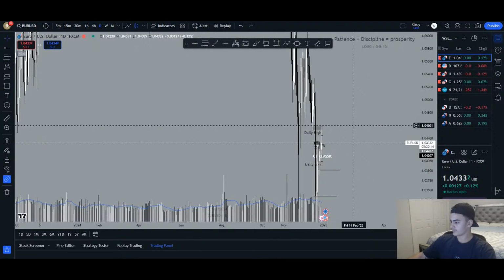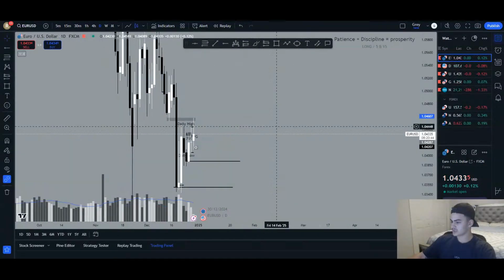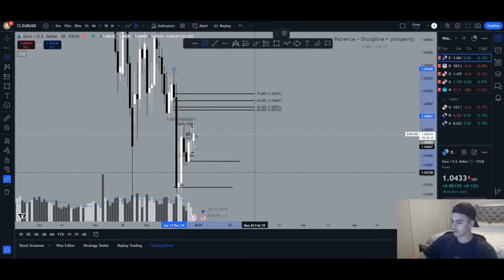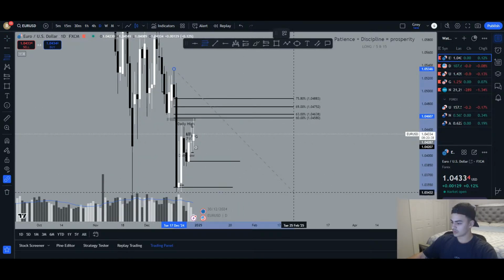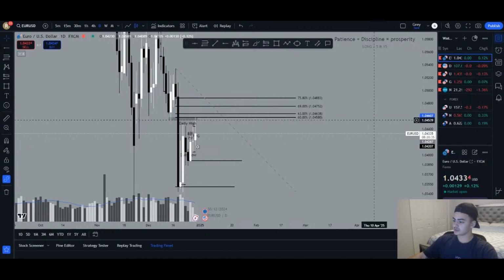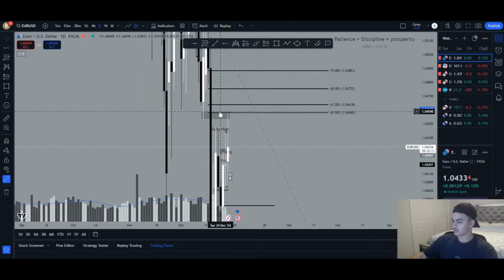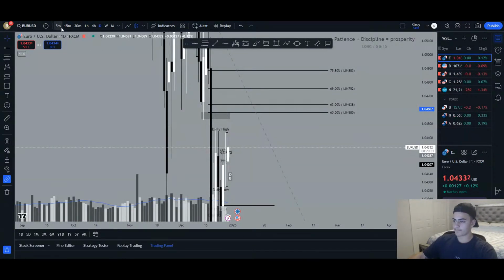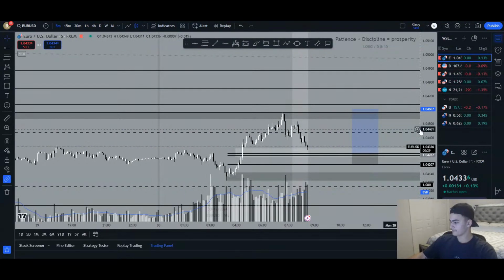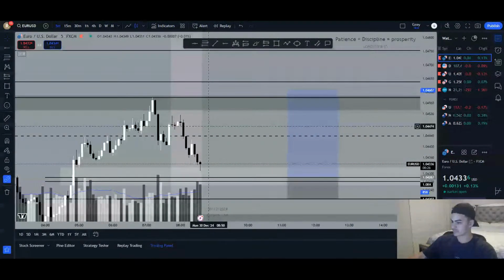Yeah. Like on the lower time frame, I'll go from here, Fibonacci from here to here. It touched 60 point exactly. Okay. So that was actually a sell. Wow.